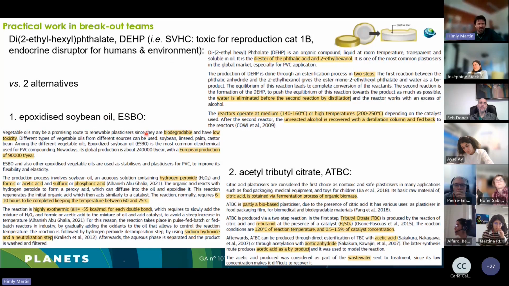Also for the ESBO and also for the ATBC. Here, for example, I highlighted a couple of acids that may become relevant, and temperatures again, just to give a little bit of substance for discussion along these different dimensions that may be considered.